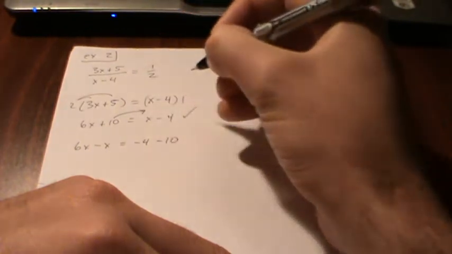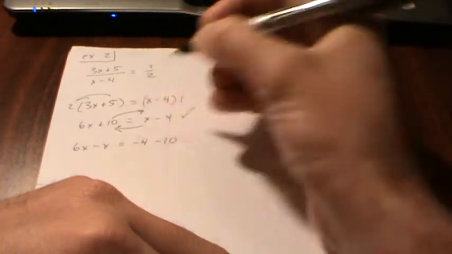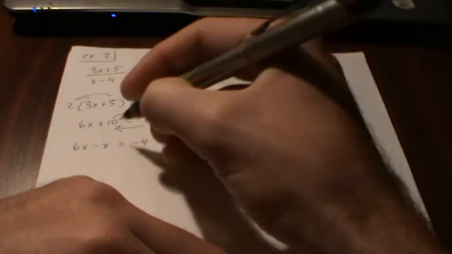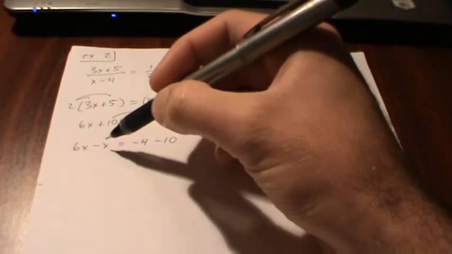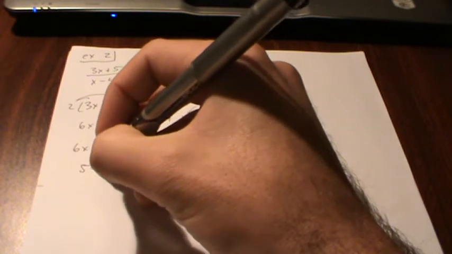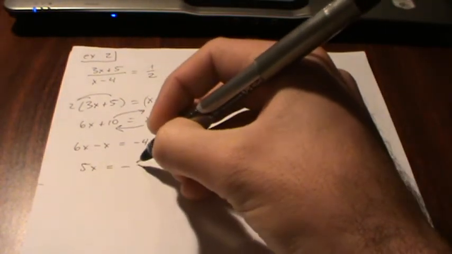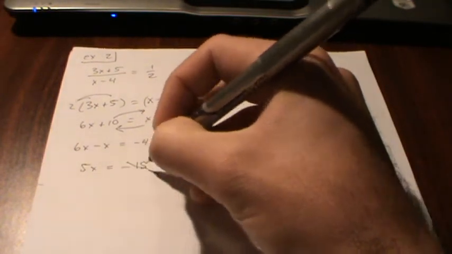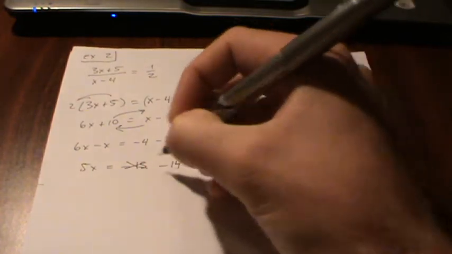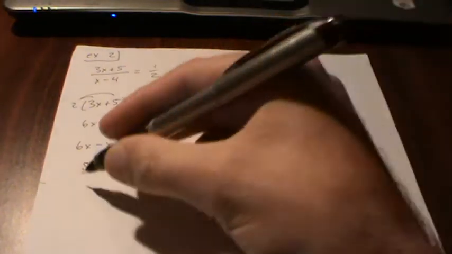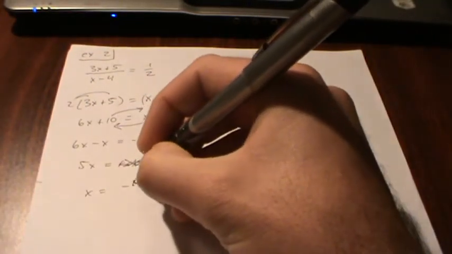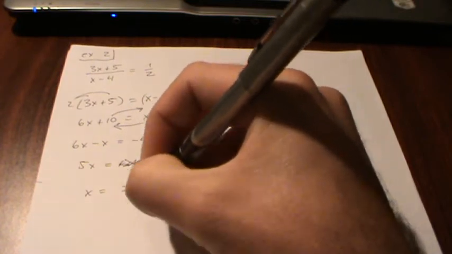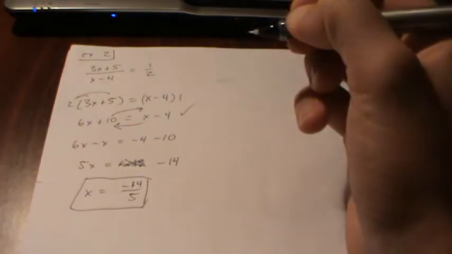Basically what I did is I passed the number over here and the variable over to there, so that way I can isolate my x. These are like terms, so I get 5x is equal to negative 15, sorry, negative 14. And now if I divide both sides by 5 here, I get x is equal to negative 14/5. That one was pretty easy.